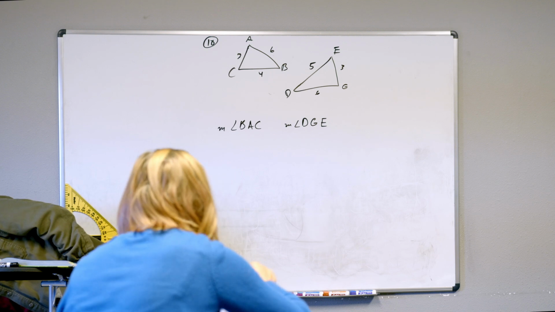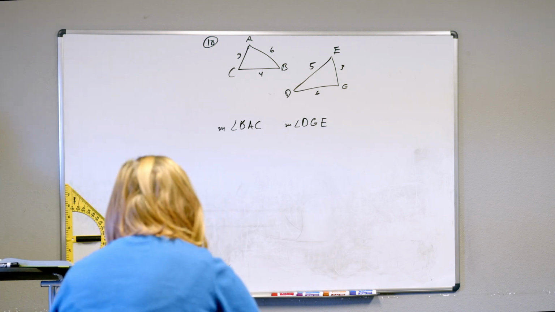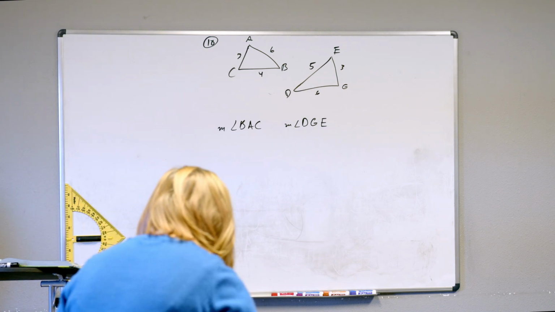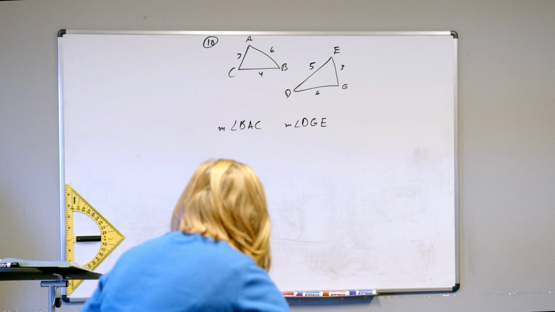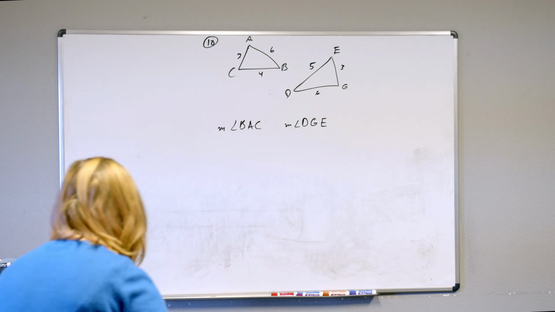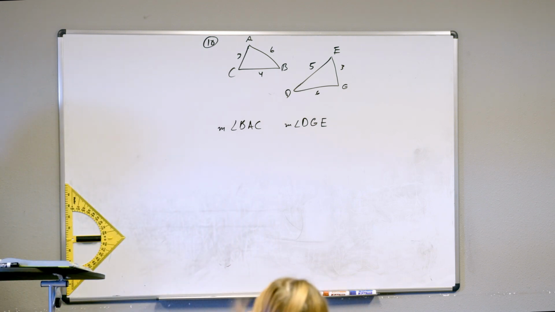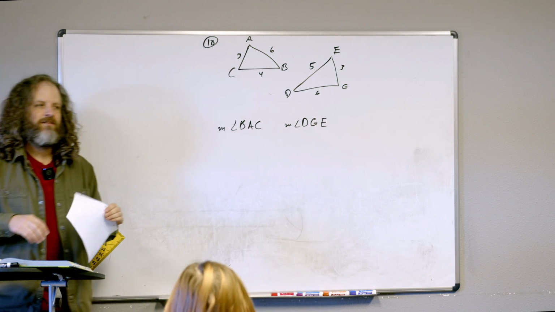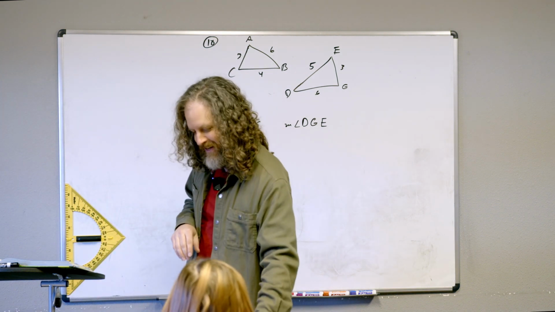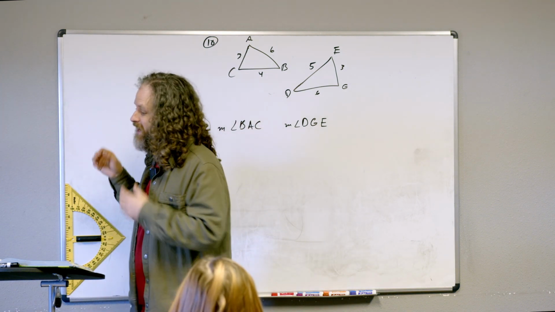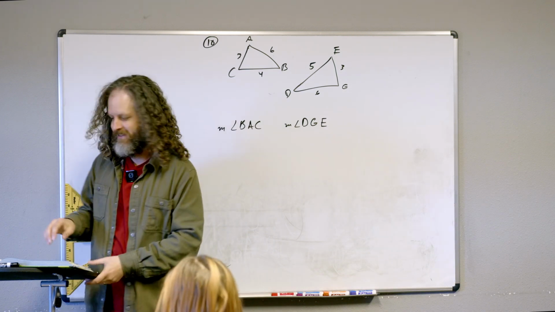Sure thing, boss. Yeah, we should definitely do 20. I was telling y'all the other day that it is very probable that we have a problem just like that on the test. Or at least a lot like it anyway.